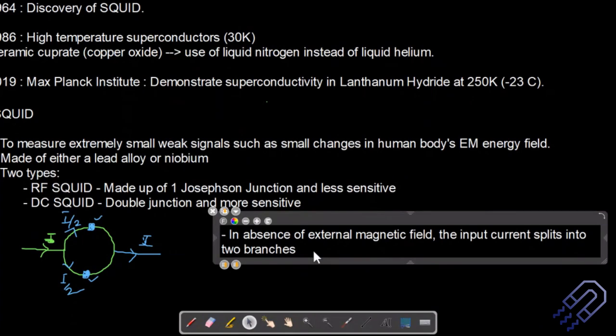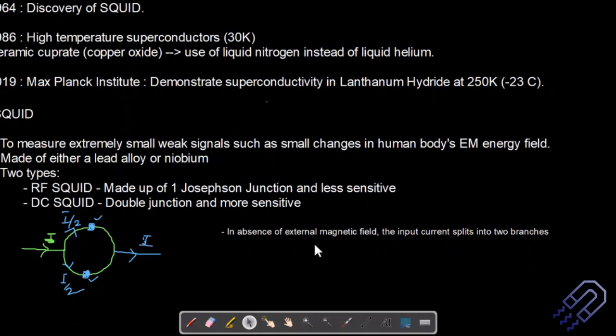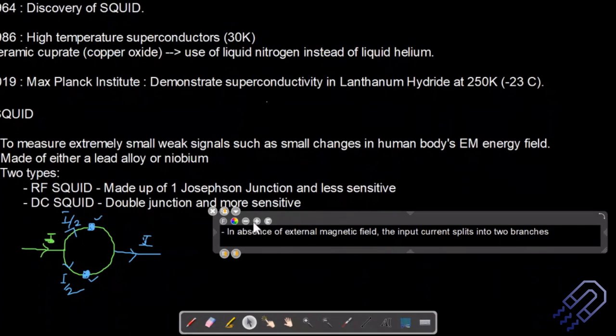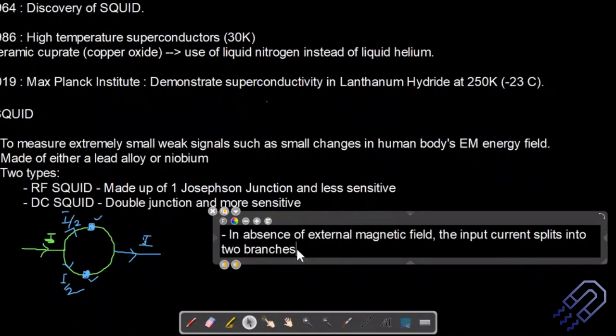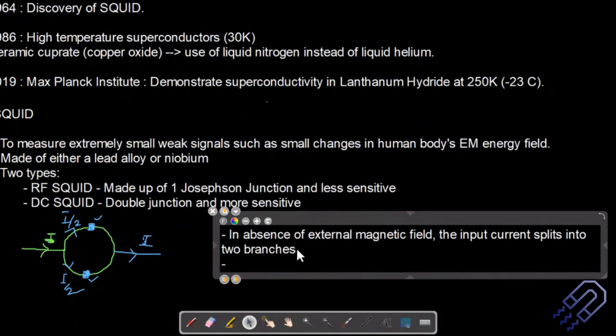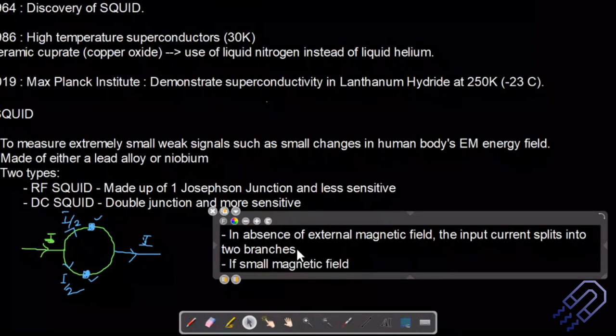And then I can apply a magnetic field. Now, where do I get that small magnetic field from? It can be from the sample that we are talking about. If it has a magnetic property, that magnetic field can be supplied by that sample.